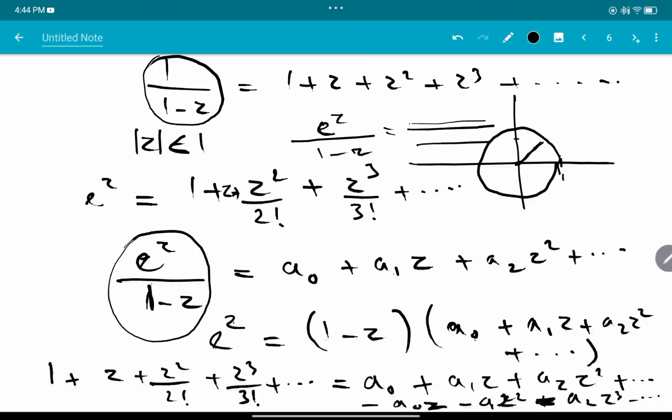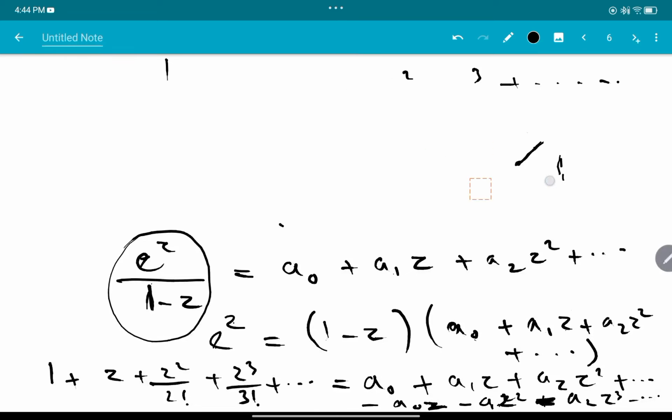Next I compare the coefficients. I get a naught equal to 1. Then for a1, the coefficient of z, there are two z terms, one is a1 z and the other is minus a naught z.